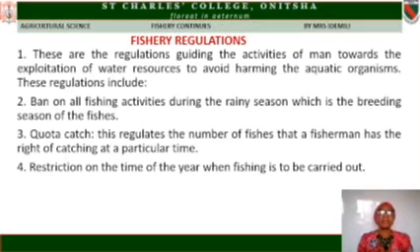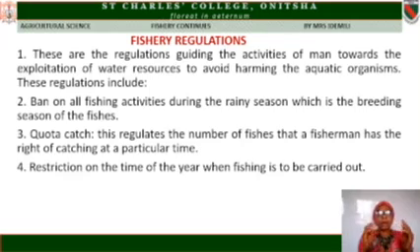Then we go to regulations in fishery, what we call fishery regulations. There are some regulations guiding the activities of man towards the exploitation of water resources to avoid harming the aquatic organisms. These regulations include: 1. Ban on fishing activities during the rainy season, which is the breeding season for the fishes. The fishes should be allowed to breed in peace.